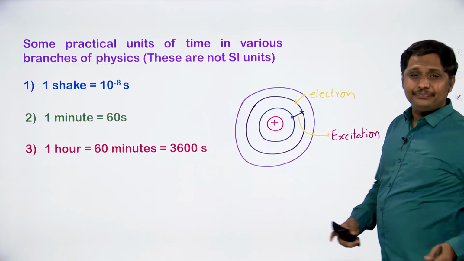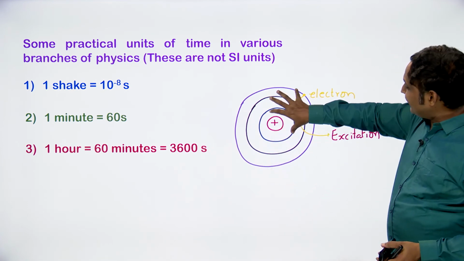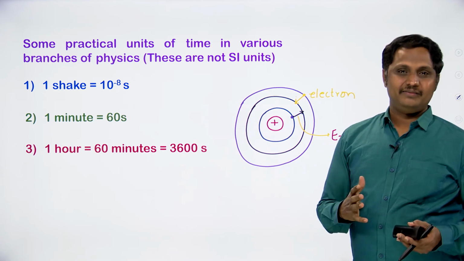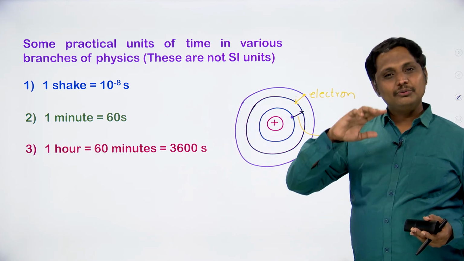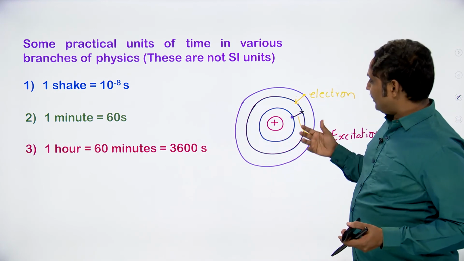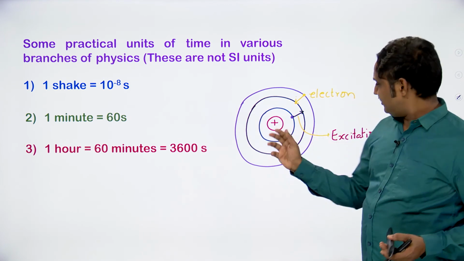Again, you know very well that the electron is revolving in its orbit. In order to maintain sustainability, it has excitation and de-excitation. You know very well about the absorption and emission of energy. Sometimes it needs energy.